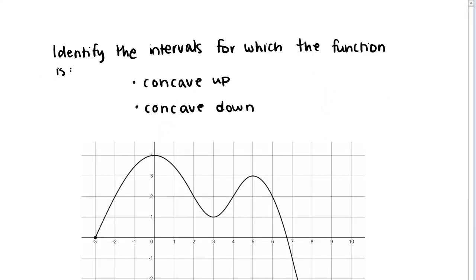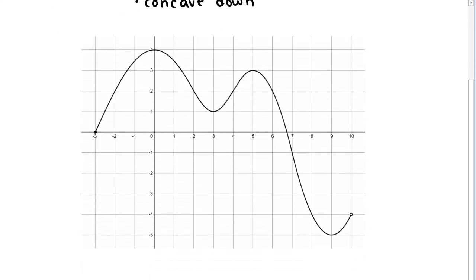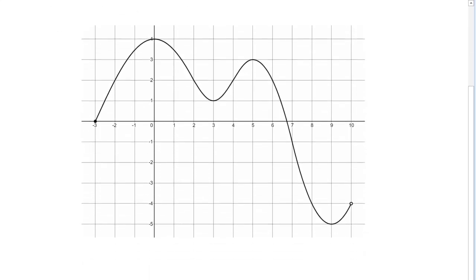Okay, so let's go ahead and apply these ideas to this graph below. Let's identify on what intervals of the input this graph is concave up, and on what intervals of the input the graph is concave down. And we can see here that this first chunk of the graph that's concave down is along this part here.